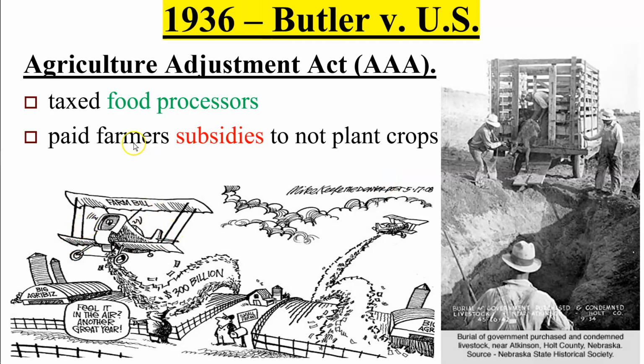But what this is going to do, and this is really important to understand because it's still around today, is they're going to tax food processors. So for example, your cornflakes that you eat, made by Kellogg's or Post or whoever, that company is going to be taxed by the federal government, and the federal government is going to take that money from that company and send it down to the farmers, and they're going to say, "Farmer, instead of 200 acres of corn planted a year, which you've usually been doing, we're going to pay you X amount of dollars to plant 100 acres.